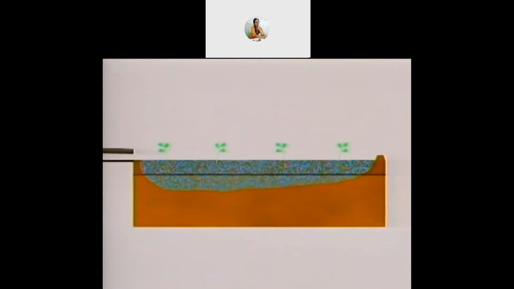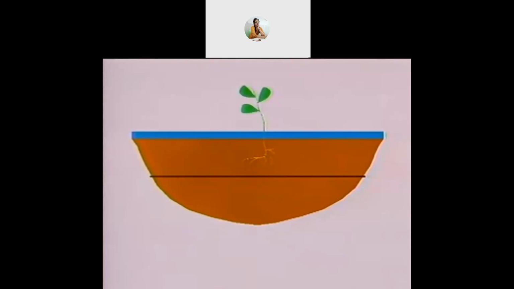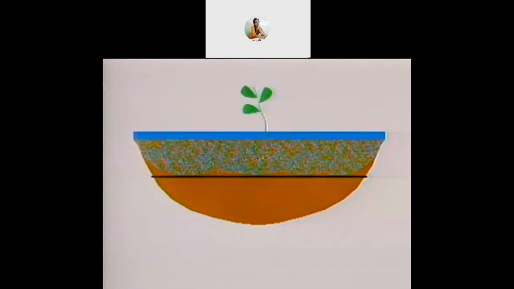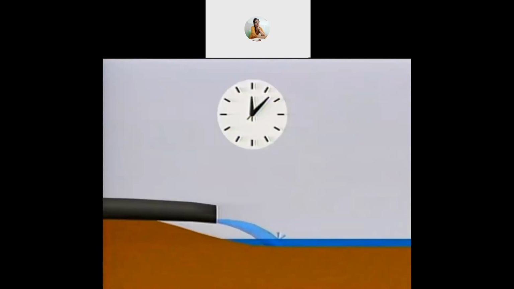Let's review what we've covered so far. Usually, when we irrigate, we want to fill the root zone without a lot of deep percolation or tailwater runoff. We can control deep percolation and runoff by changing the set time and the flow rate.